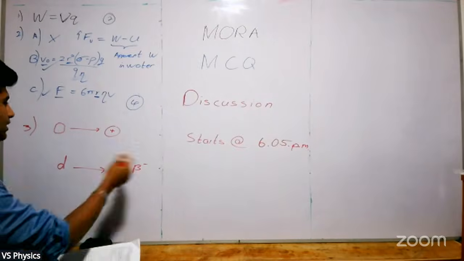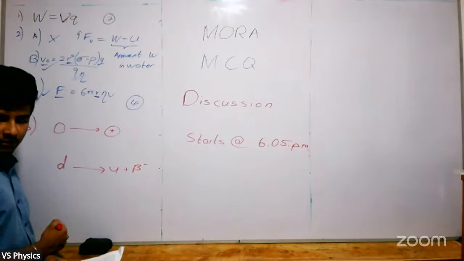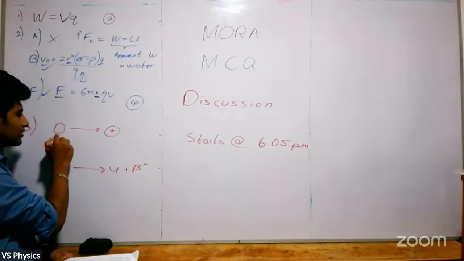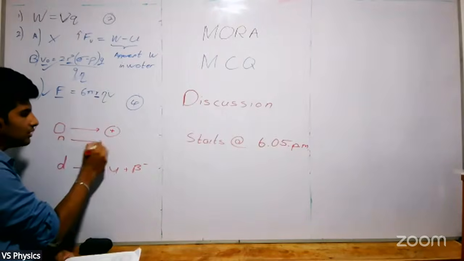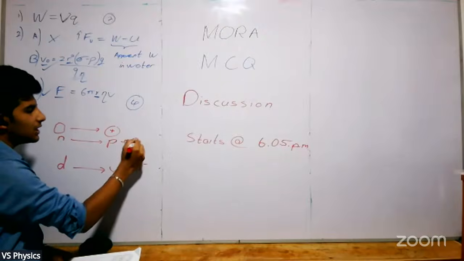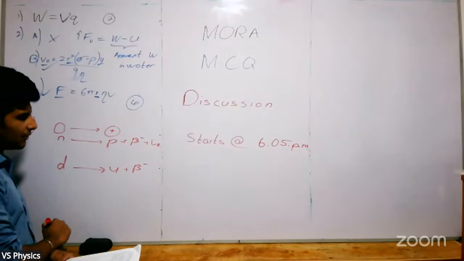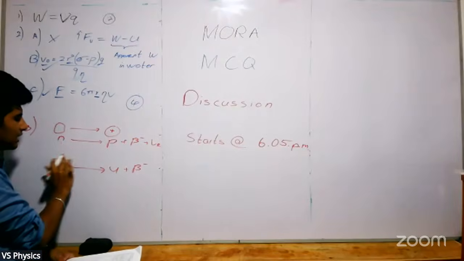Or there is another way. We have the equation: neutron goes to proton plus beta minus particle plus energy.